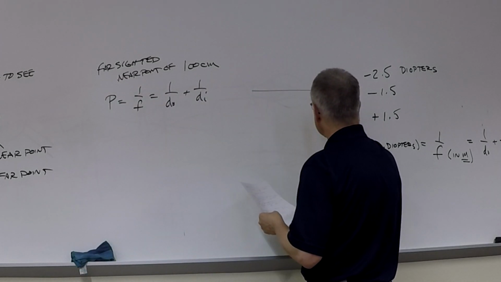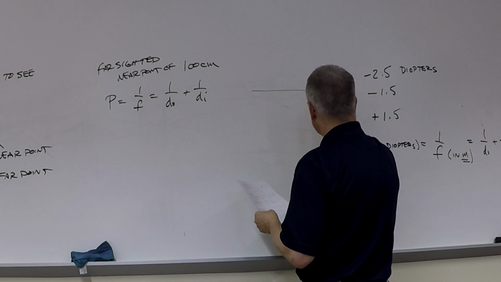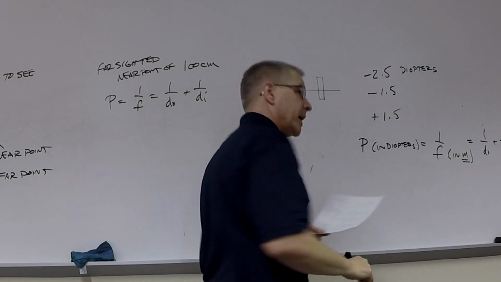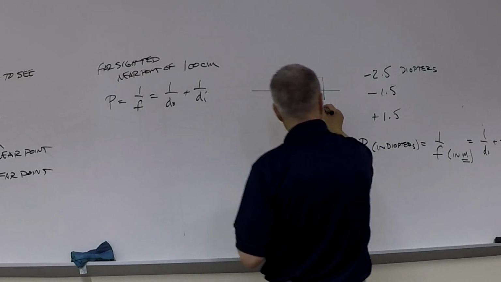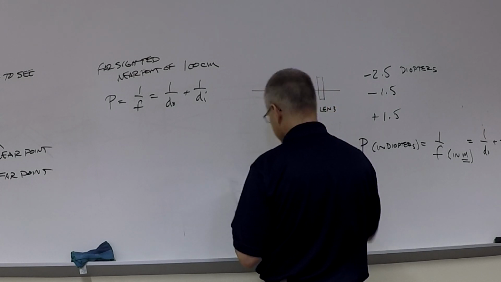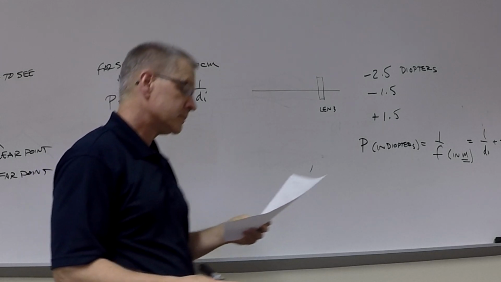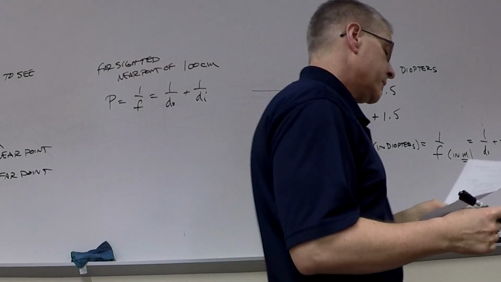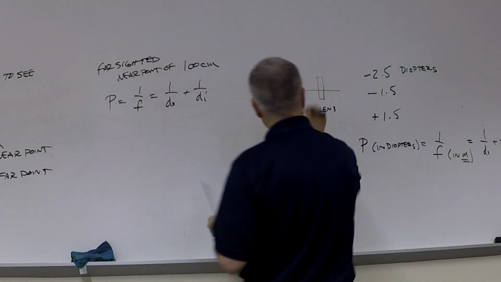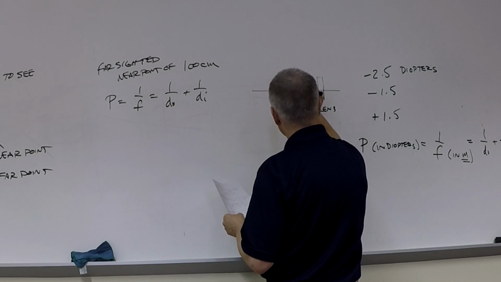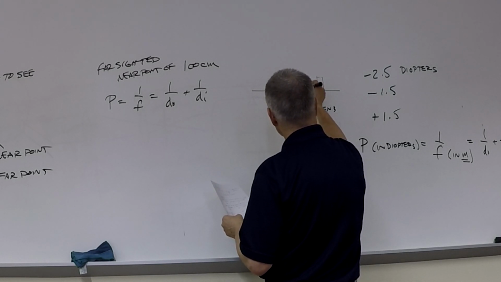So here's what we're going to do. I'm going to be careful with how I draw this for the moment. We'll figure out what kind of lens that's actually going to be. For now, this is just a lens. Here's the object.